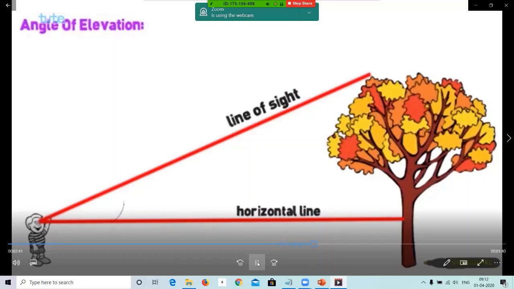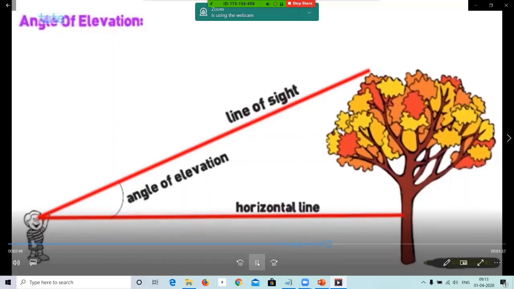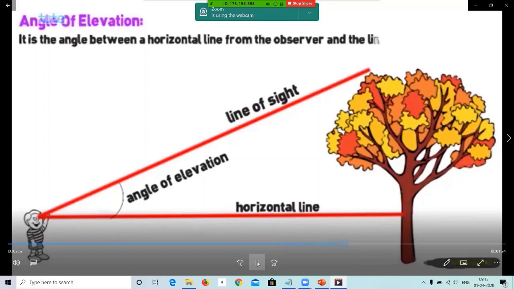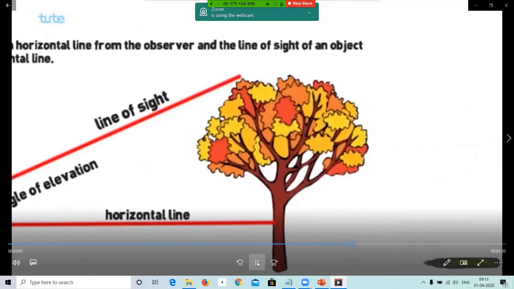These two lines make a particular angle. That angle is called angle of elevation. So, angle of elevation is the angle between the horizontal line from the observer and the line of sight of an object that is above the horizontal line.